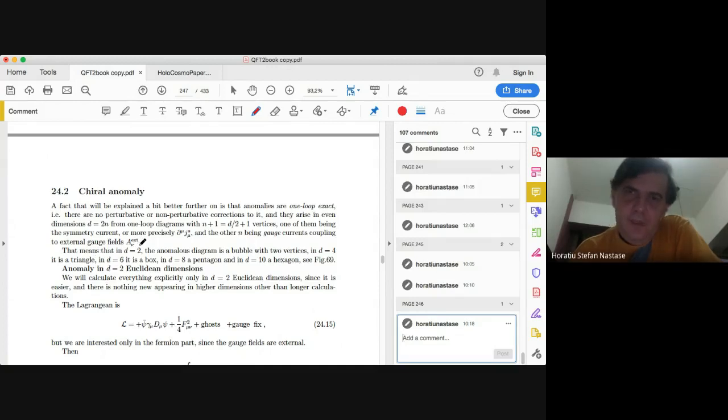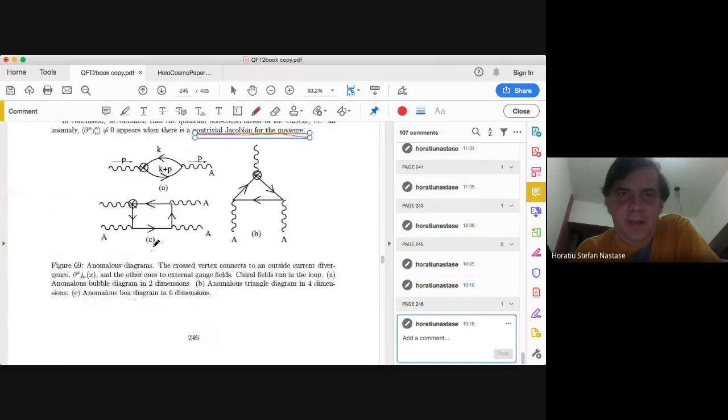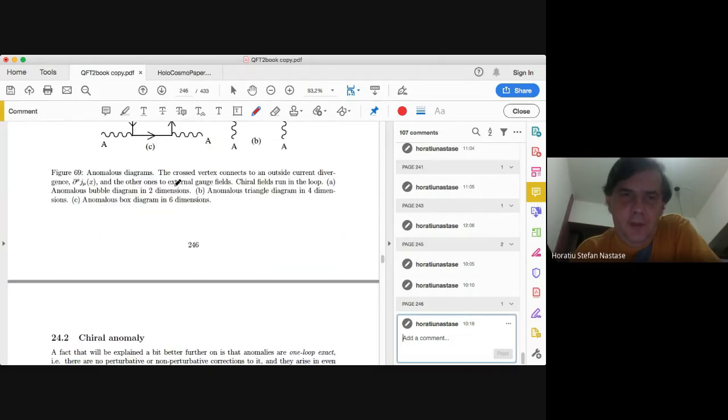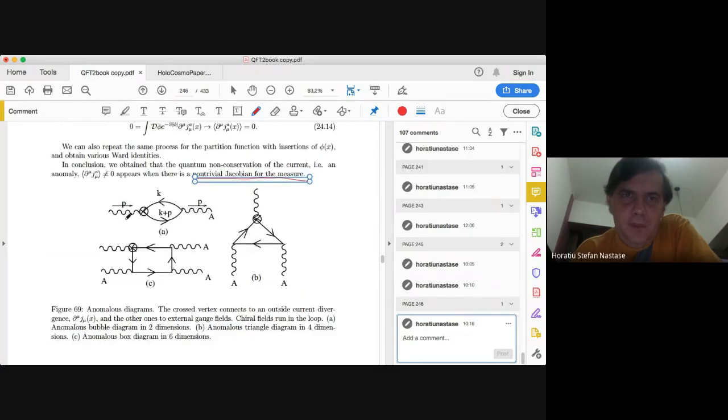So what that means is, in two dimensions, n equal to 1, I have one d mu j mu a and one external gauge field. So the one loop diagram is this bubble with the d mu j mu a to the left, and the external gauge field to the right.